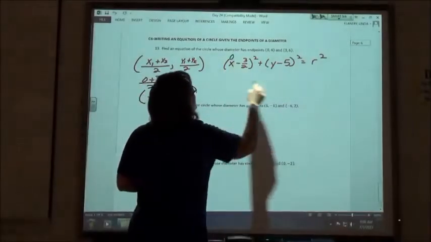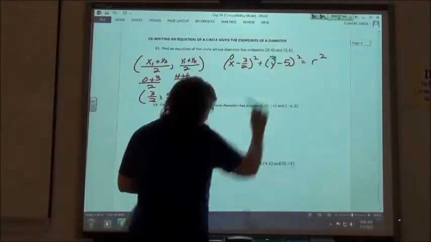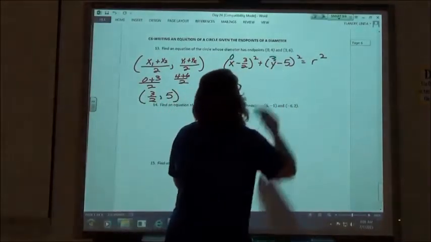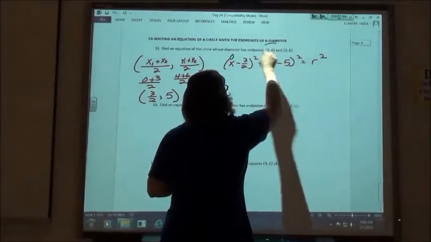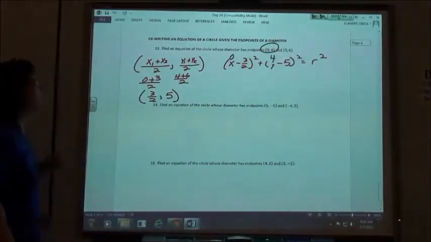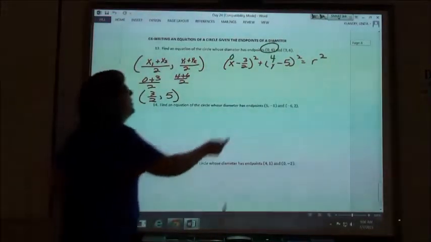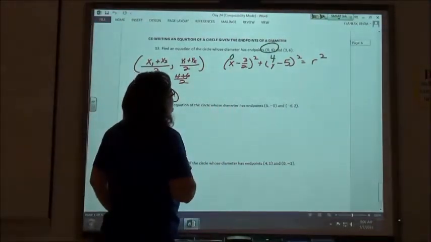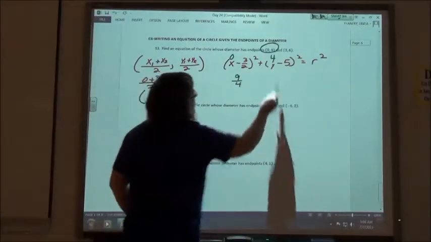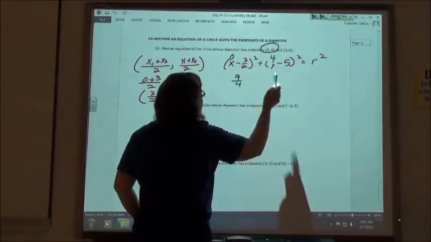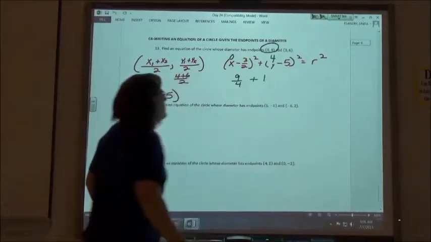So I would put 0 in for x. Whoops, I better use the right number though. I put 3, 4 in for y... 0, 4 for my x and my y, and solve. So here I'm going to get negative 3 halves squared, which would give me a positive 9 fourths. 4 minus 5 is negative 1. Negative 1 squared would be positive 1.